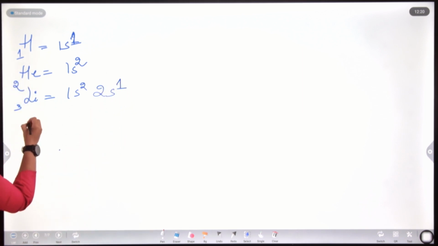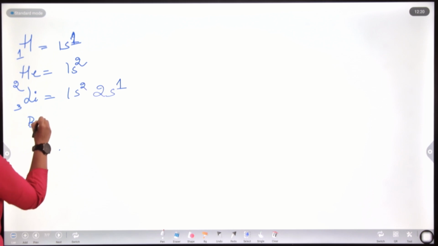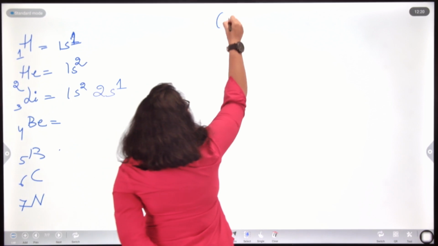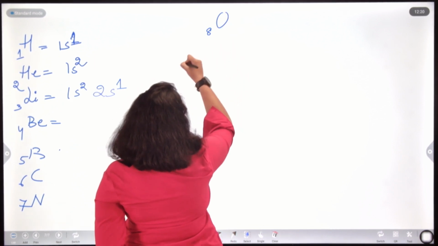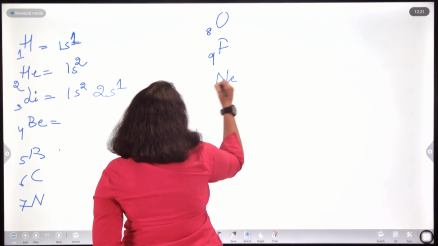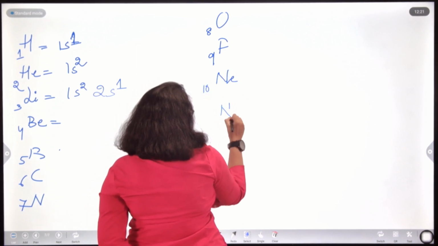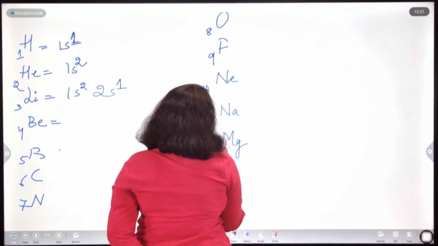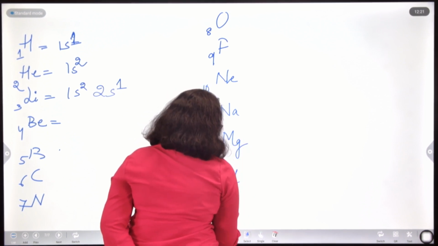For lithium, then again we have beryllium 4, boron 5, carbon 6, nitrogen 7, oxygen 8, fluorine 9, neon 10, sodium 11, magnesium 12, aluminium 13.